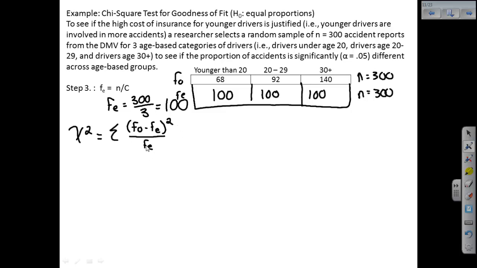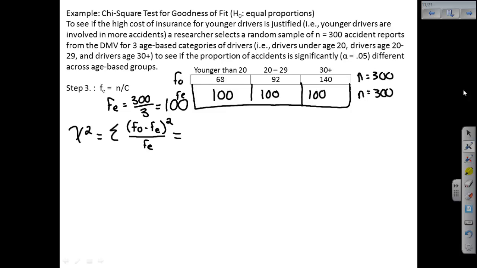And we have to do that for all 3 groups. We have to sum all of these up for each group. A good way to check that you're doing the chi-square calculation correctly is that you're going to have as many little calculations to sum up as there are groups. So let me walk you through this calculation. It's tedious, but it's not too difficult.